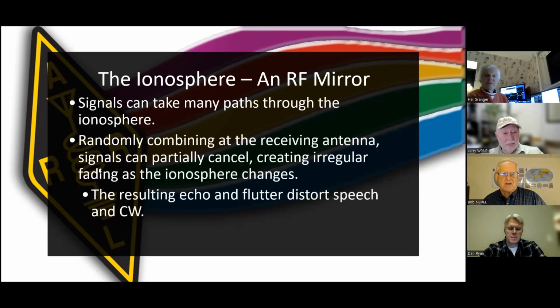Signals can take many paths, sure. There is something that's referred to as a long path. Speaking of many paths, if you're in the Detroit area and you want to reach New York, of course, you're going to face east, with your directional antenna facing east.